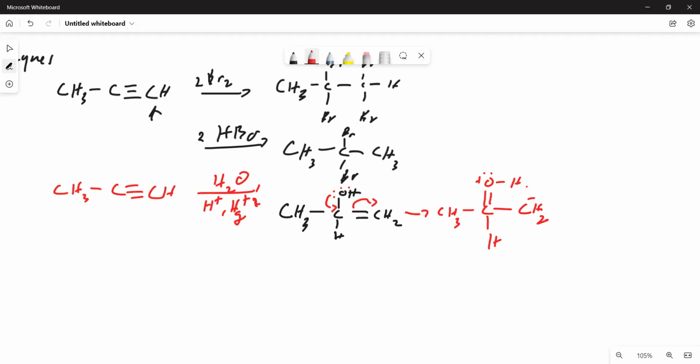Okay? And you have a negative carbon that will be attracted to the hydrogen. So this carbanion will pick up the hydrogen, and the electron of hydrogen will go back to oxygen, neutralizing it. So you will end up with this product in which you have a ketone. There.